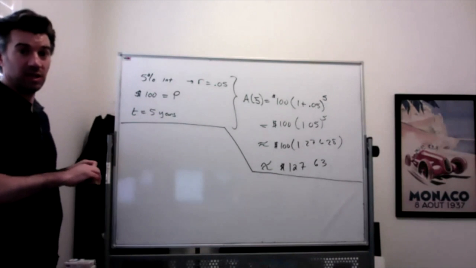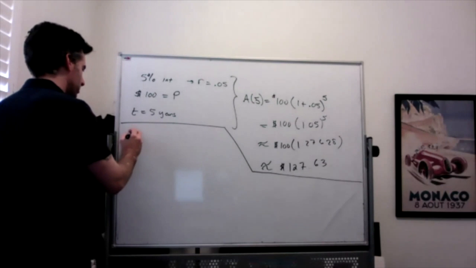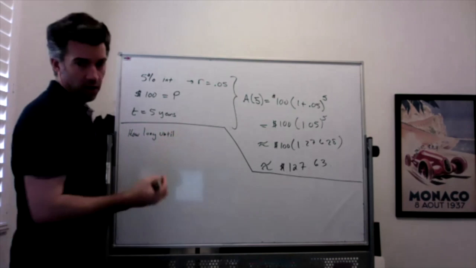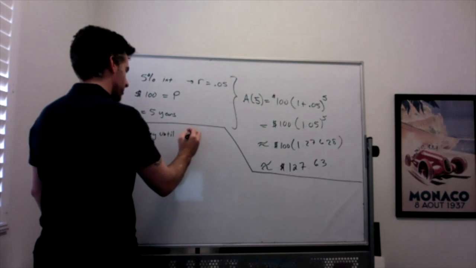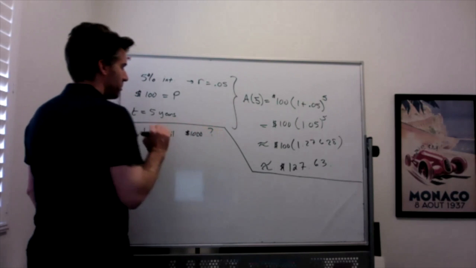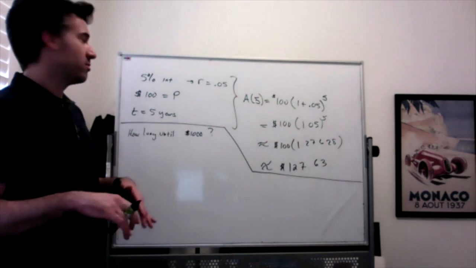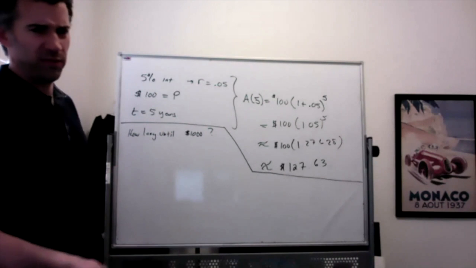This next one is, I'm going to give you how much money I want there to be, and I'm going to ask you to find the time. So how long until there's $1,000? Another way I could have phrased that question is how long until the money multiplies by a factor of 10? But it seems like a weird phrasing.